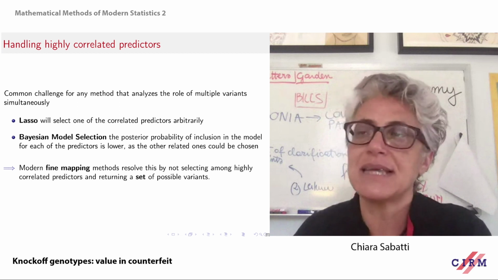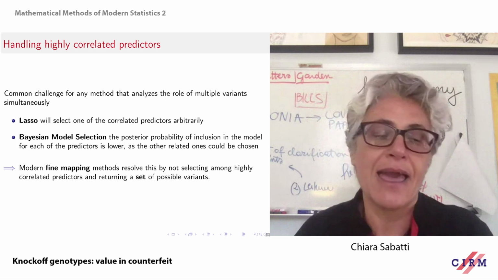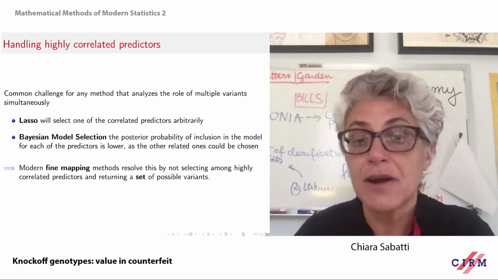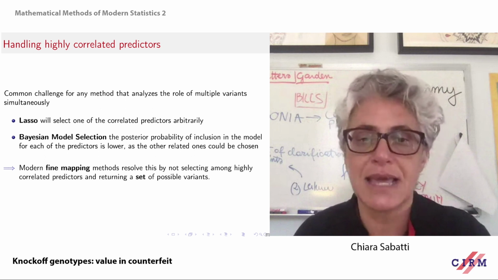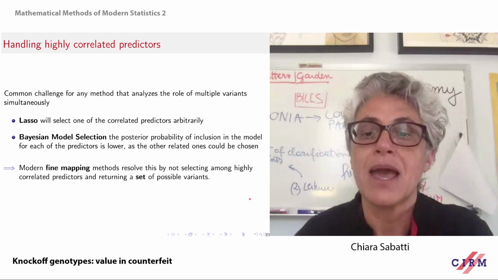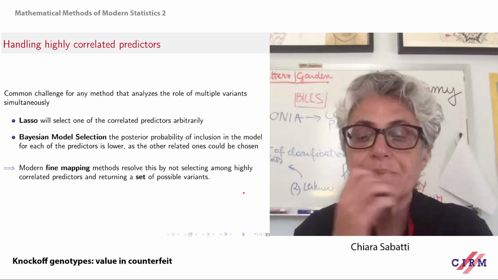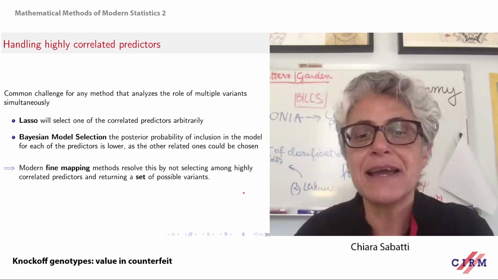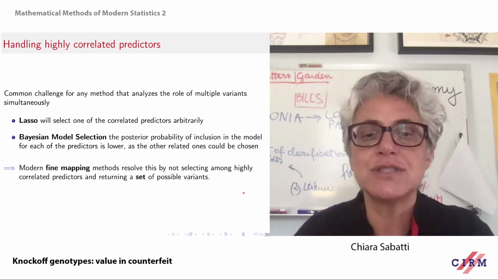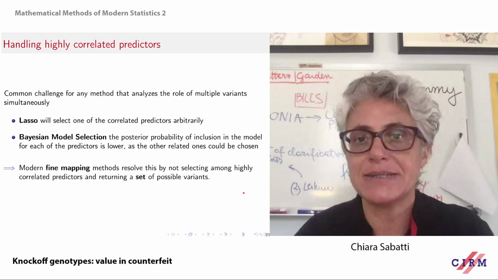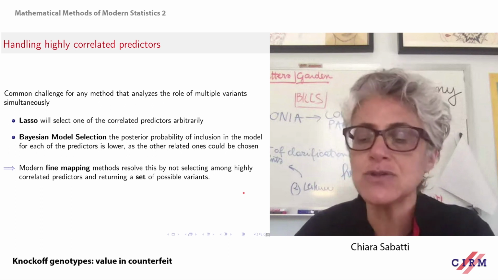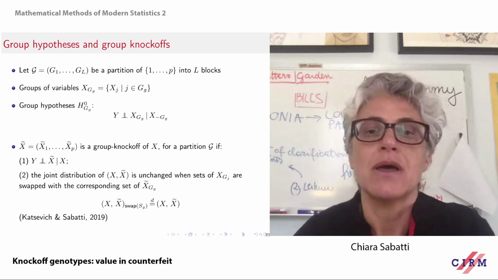In Bayesian model selection, this results in having posterior probability for all of the different predictors that are lower than they should be, because each of them can act as a substitute for the others. In genetics, fine mapping methods resolve this problem by refusing to select among highly correlated predictors and returning a set of possible variants. And we're going to use a similar approach.